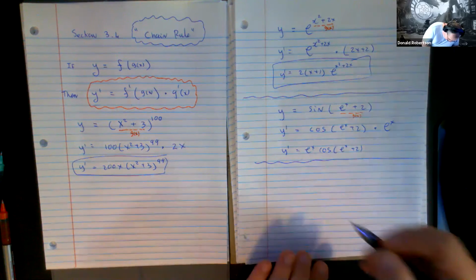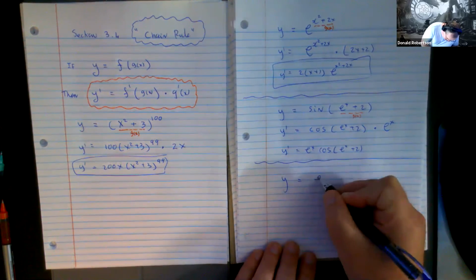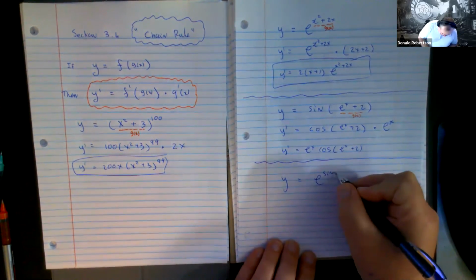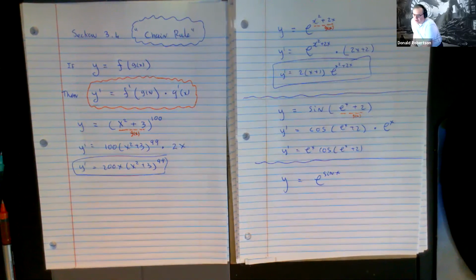We'll do some the other way around. E to the power of sine x. That's a pretty weird looking thing as well. Who's the something this time? Who is the g of x this time?